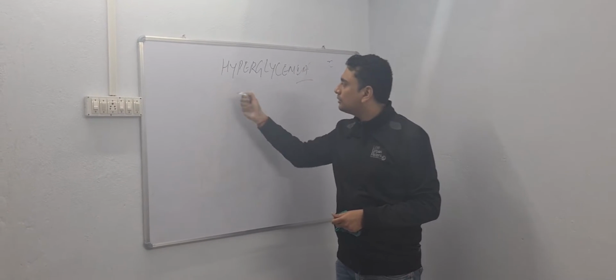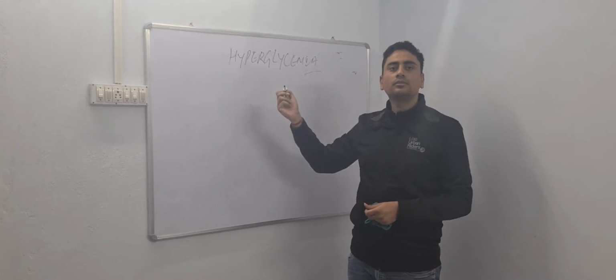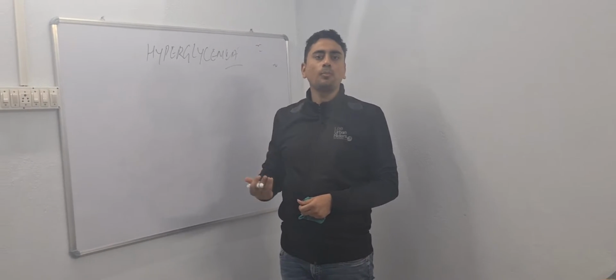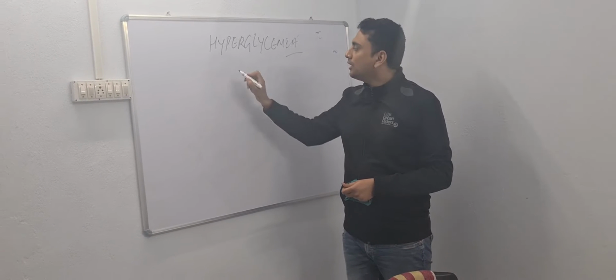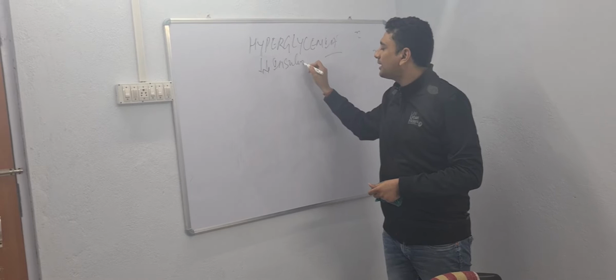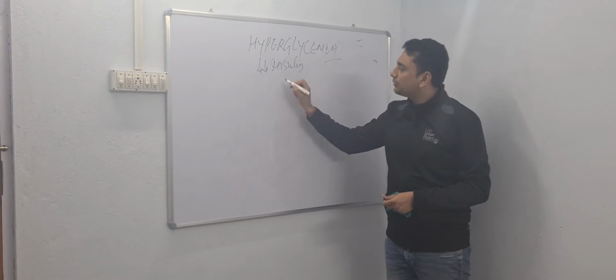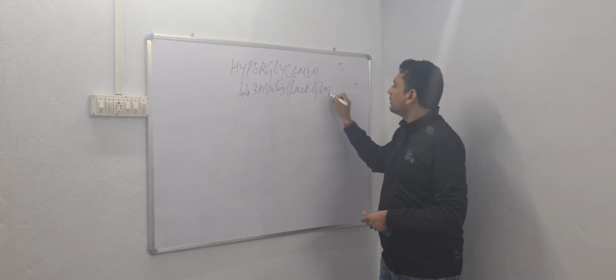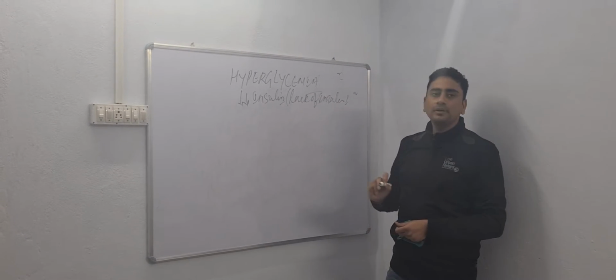So all of you might be knowing this, in diabetes individuals who have this acute complication called diabetic ketoacidosis, insulin level is almost absent. Okay, there is a lack of insulin. So what will happen?